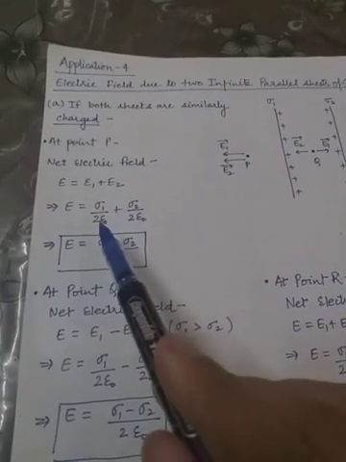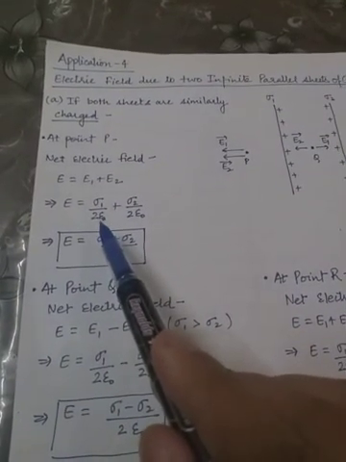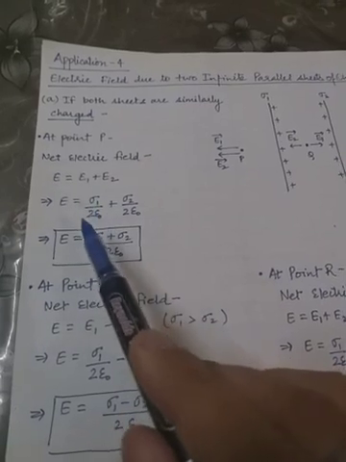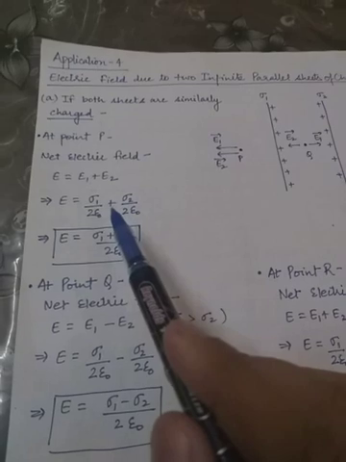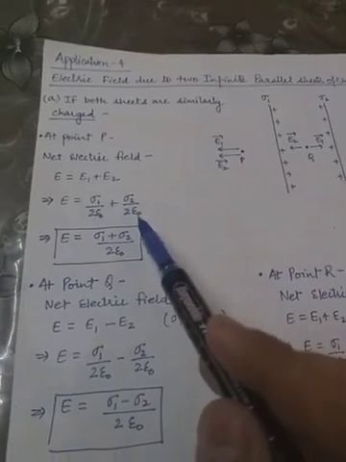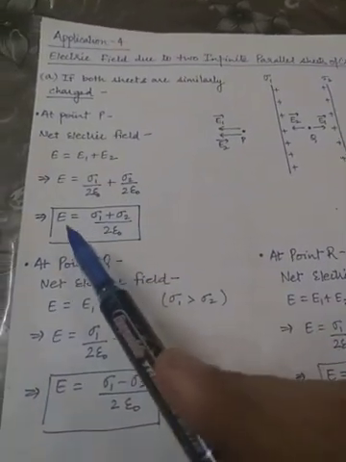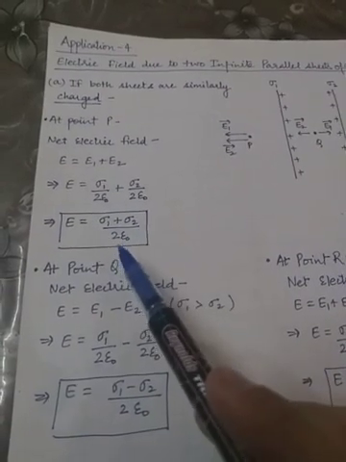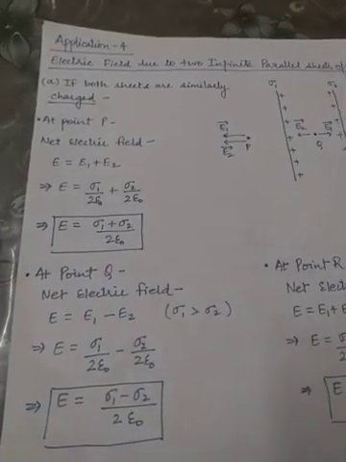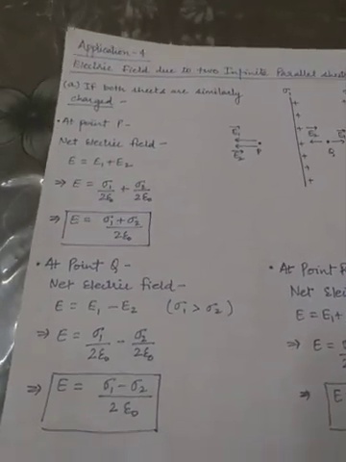Intensity of electric field due to a single individual sheet of charge is sigma upon 2 epsilon naught. Here we have two sheets, that's why it's sigma 1 upon 2 epsilon naught plus sigma 2 upon 2 epsilon naught. So E is equal to sigma 1 plus sigma 2 upon 2 epsilon naught. That is intensity of electric field at point P.